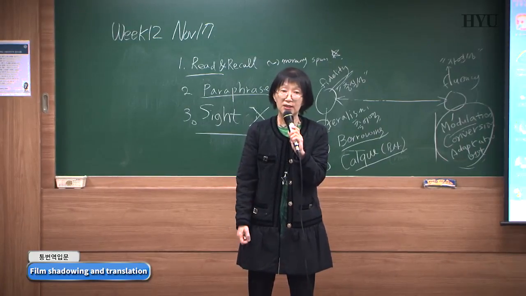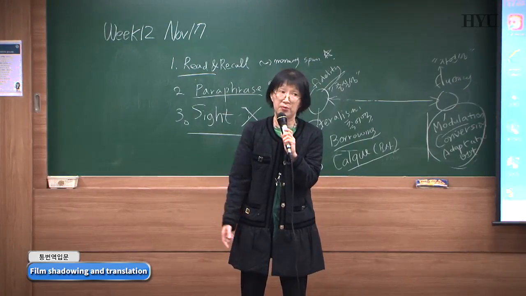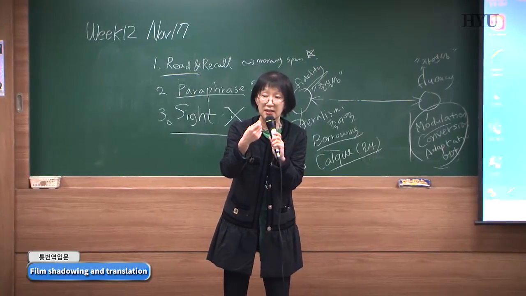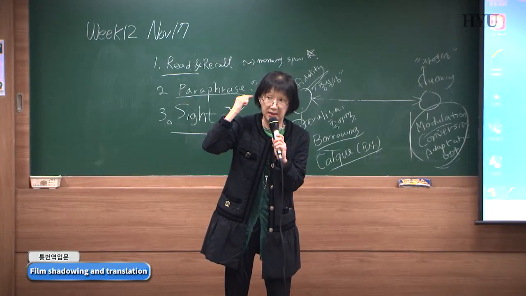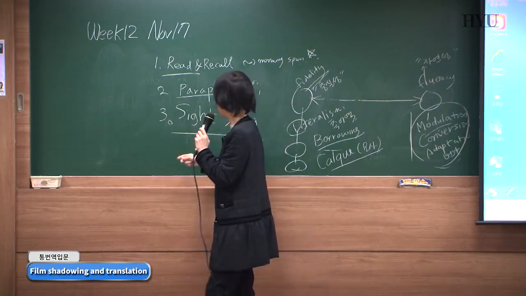So one student asked, what's the difference between interpreting and the sight translation? It's simple. Interpreting is just translating while listening. That is interpreting. 들으면서 통역하는 거. So what is the sight translation?